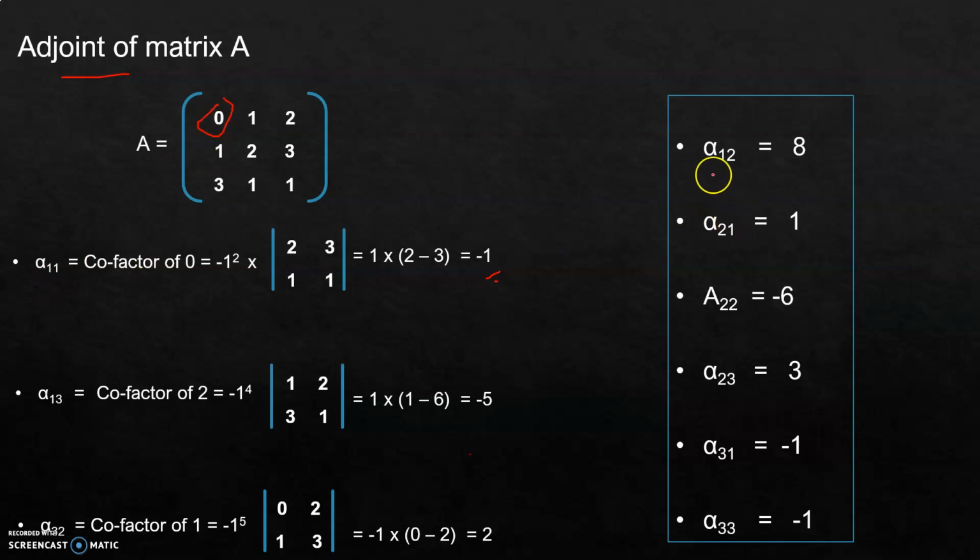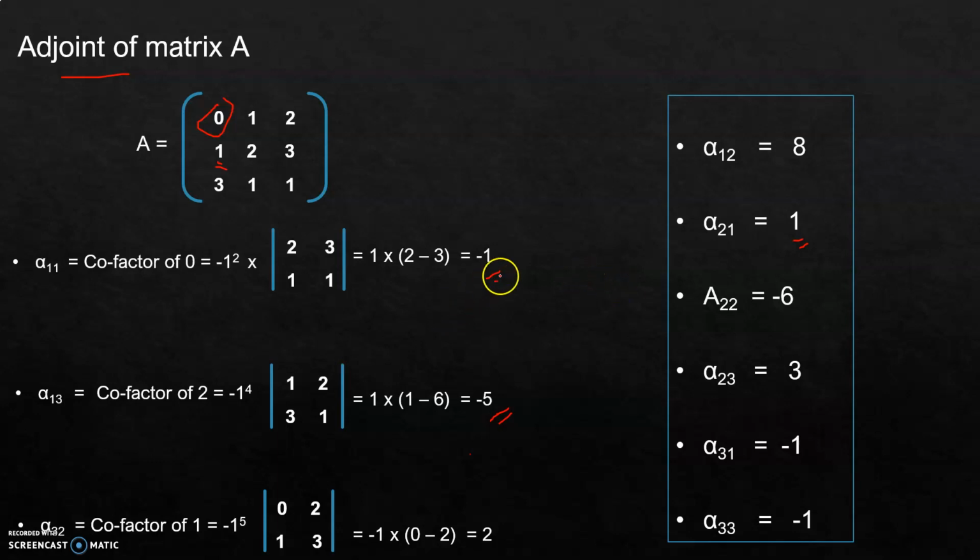Then cofactor 1, 2, this is the cofactor of 1, that is equal to 8. Then cofactor 1, 3, it is the cofactor of 2. Then cofactor 2, 1, second row and the first column. Here the cofactor is 1. So like this, please check the previous video for more explanation.